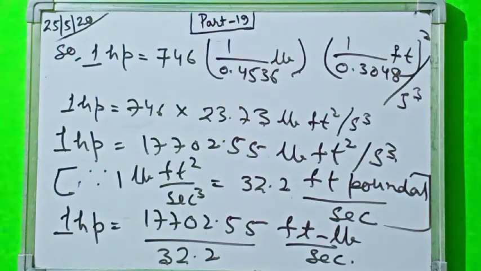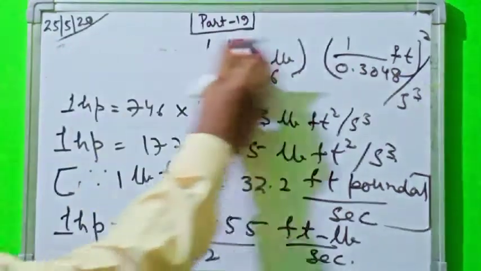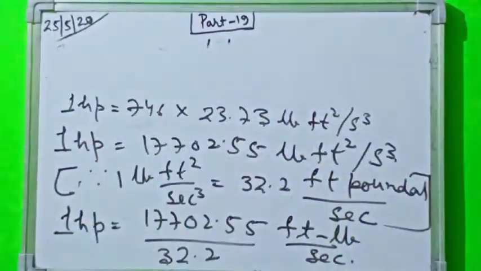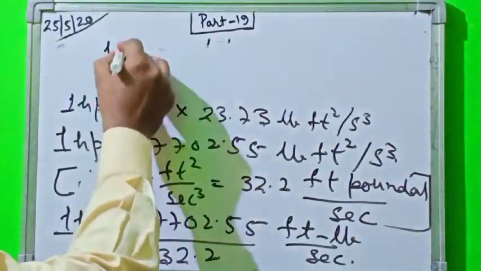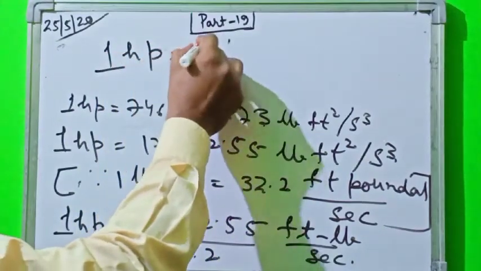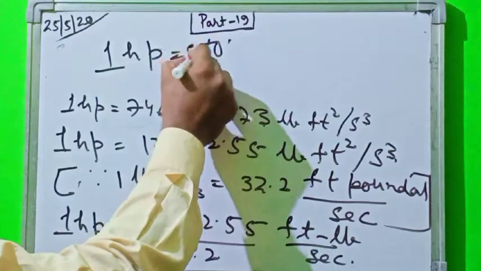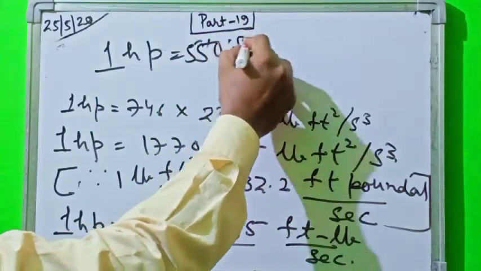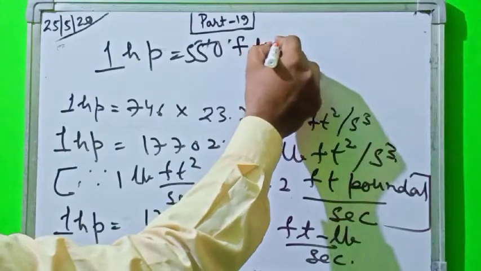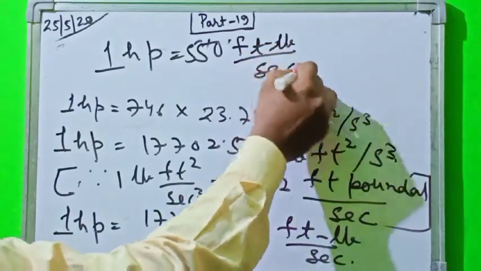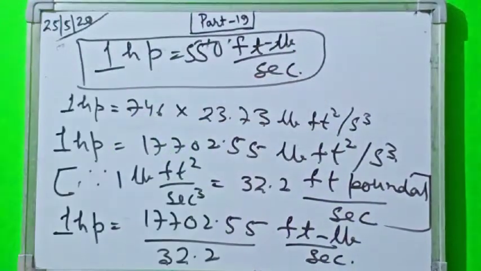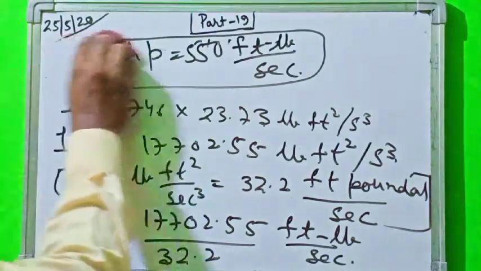On solving this we will get the value: 1 HP is equal to 550 foot pound per second. So this is a good question, and it is the conversion of HP into the foot pound second system. Now look at the next question.